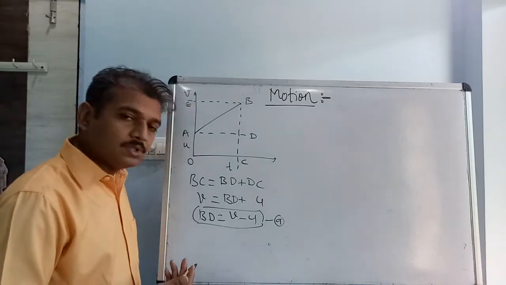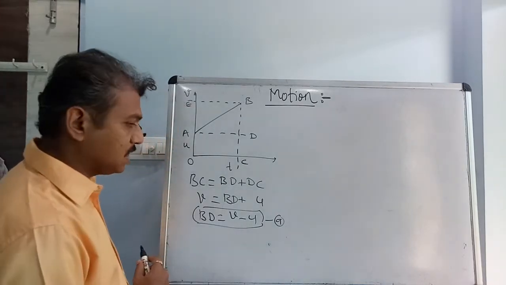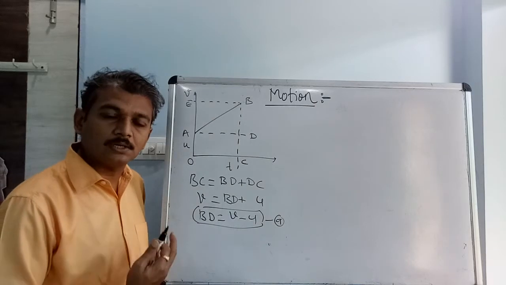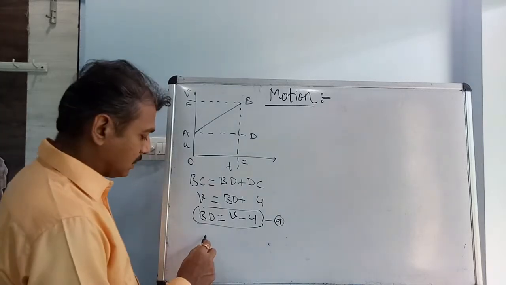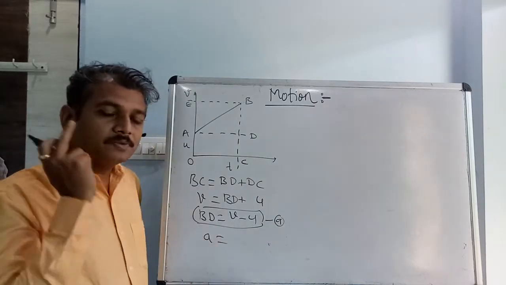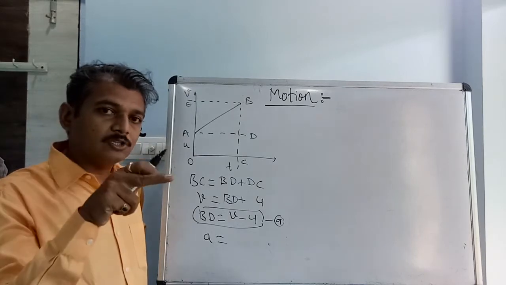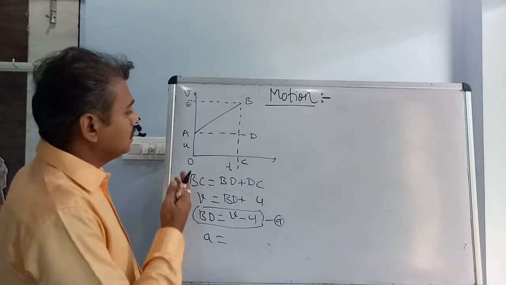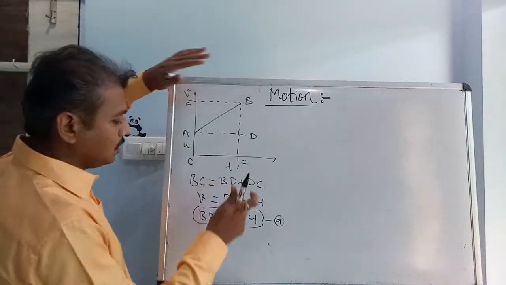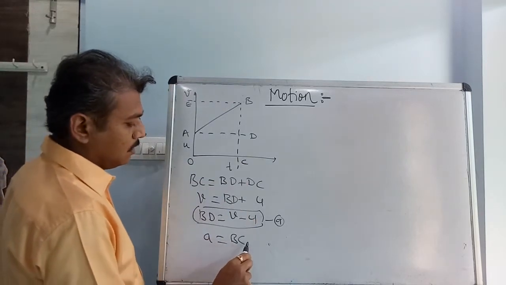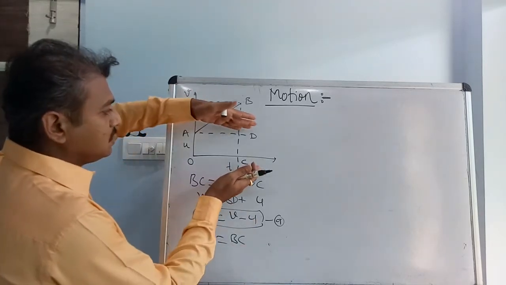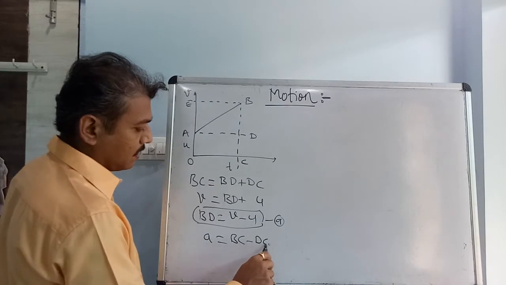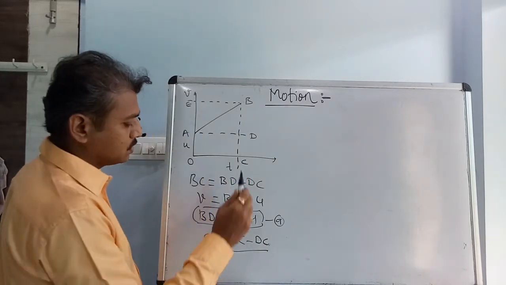Then we introduced the definition of acceleration. Acceleration is the rate of change of velocity, which means final velocity minus initial velocity, over time. Here final velocity is BC, initial velocity is DC, and time here is OC.